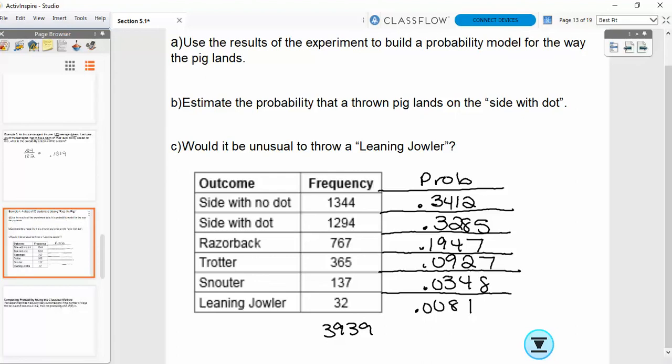If I said to estimate the probability that a pig lands side with a dot, what's the probability of that? I don't care if you tell me 0.3285 or you can say 32.85%. Either one is okay there.